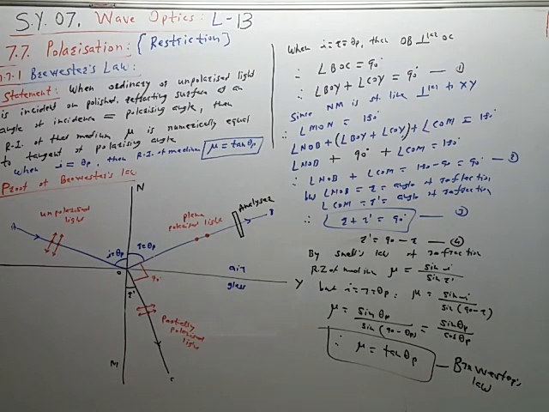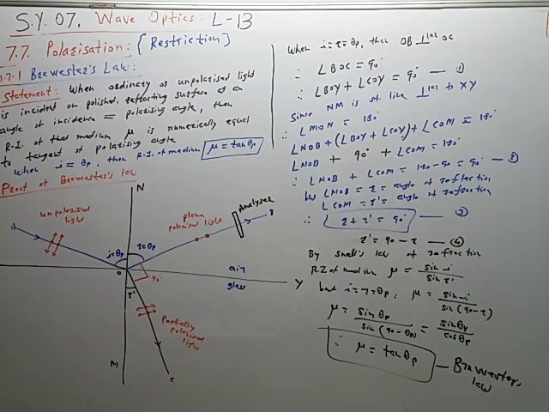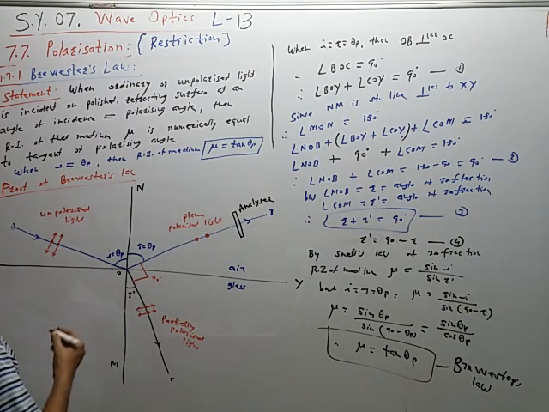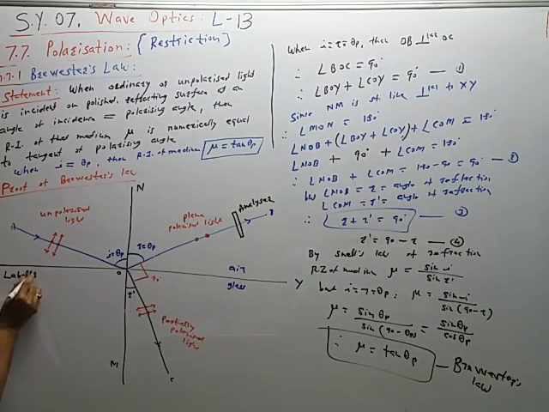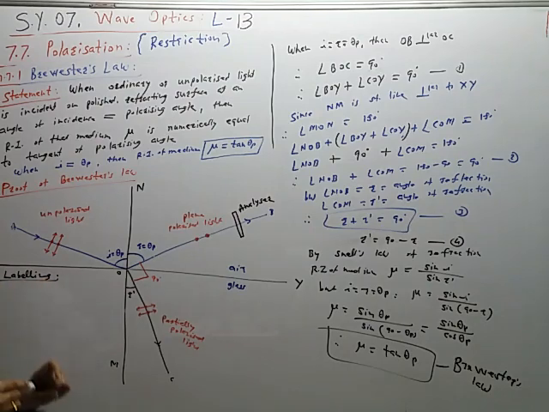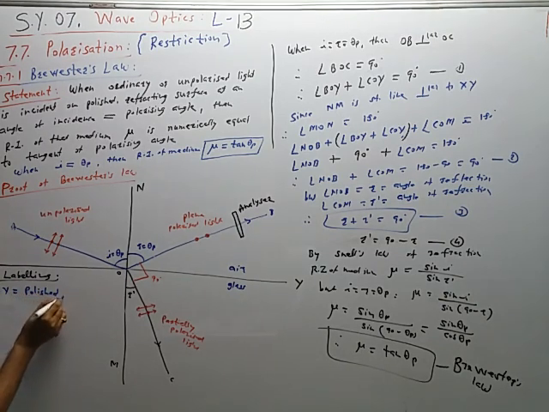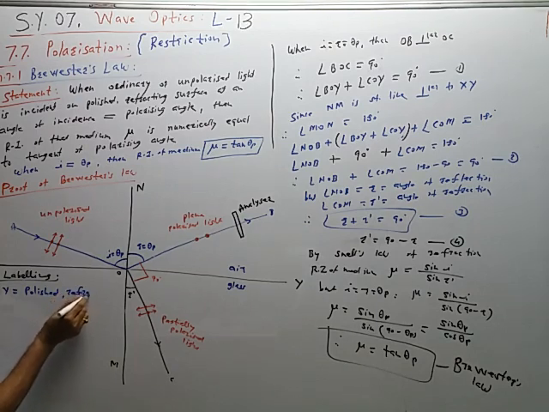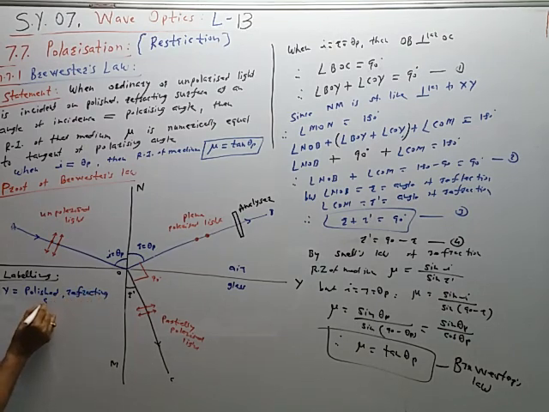Now, this diagram can be asked for labeling. So labeling can be given like this. XY is a polished, means maximum reflection, polished or refracting or transparent surface.